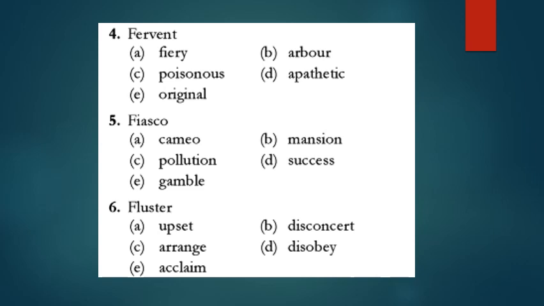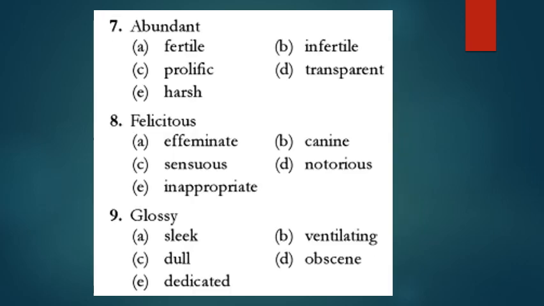Fiasco: gamble, mention, pollution, success, gamble. Fluster: upset, disconcert, arrange, disobey, acclaim. Abundant: fertile, infertile, prolific, transparent, harsh. Felicitous: effeminate, canine, sensuous, notorious, inappropriate. Glossy: slick, ventilating, dull, obscene, dedicated.